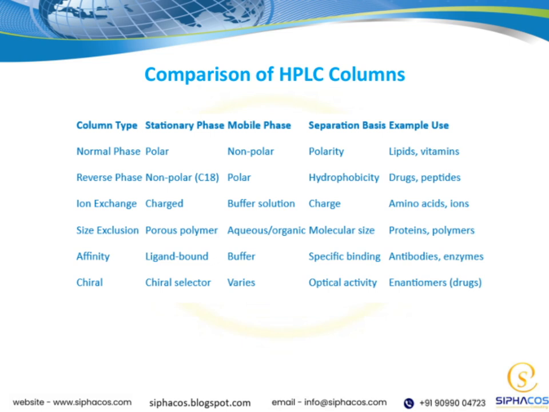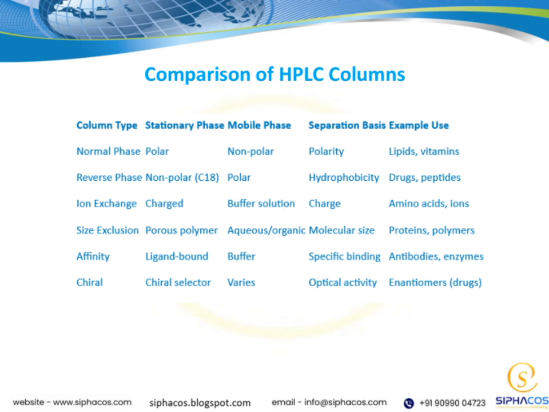Conversely, longer columns can improve separation, but might take more time. It's important to consider the nature of your sample and your analytical goals when selecting a column. This comparison helps us understand how to optimize our chromatography setup, ensuring we get accurate, reliable data tailored to our specific needs.